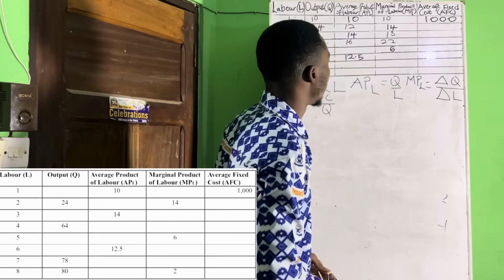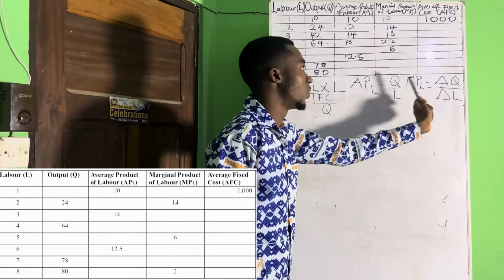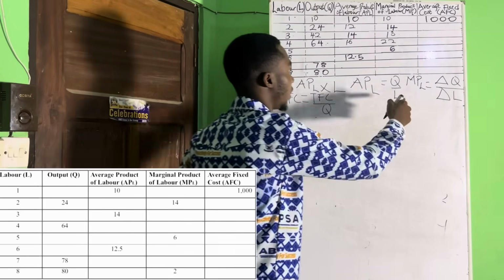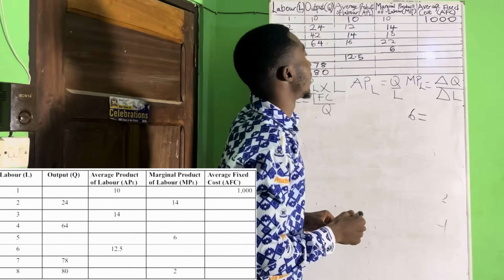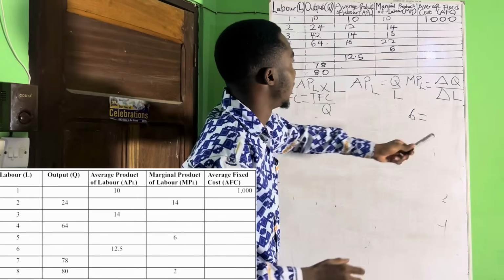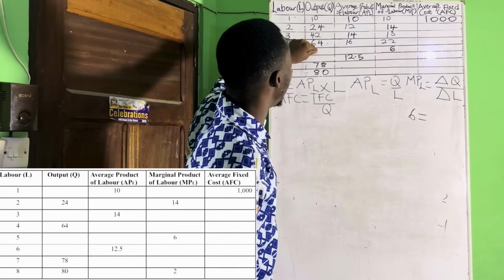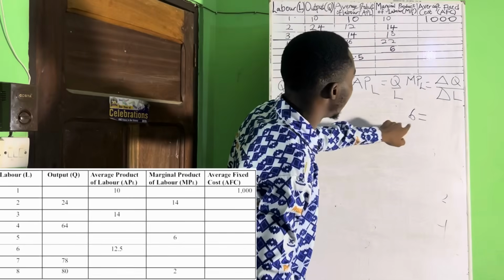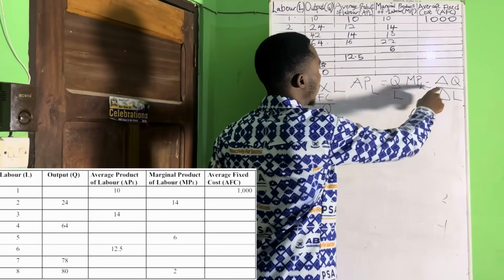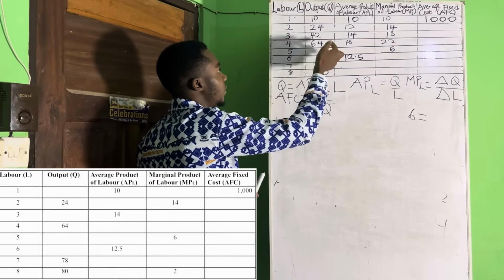What that means is that when we said our marginal product of labor is the change in quantity over the change in labor, our marginal product of labor here is 6. So the 6 is the change in quantity, and the change in quantity is the new output minus the old output. So our 6 is equal to the change in output, which is the one we are going to get here, but they didn't give it to us here.